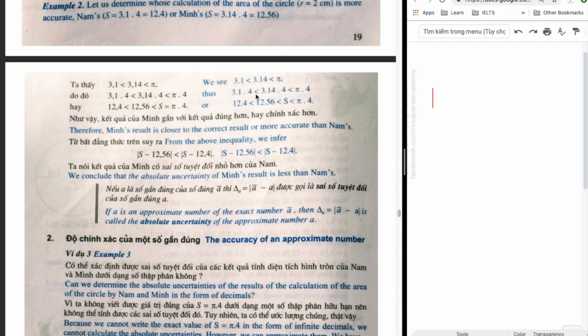3.1 times 4 is less than 3.14 times 4, and 3.14 times 4 is less than pi times 4, or 12.4 is less than 12.56 and 12.56 is less than S, and S is less than pi times 4.